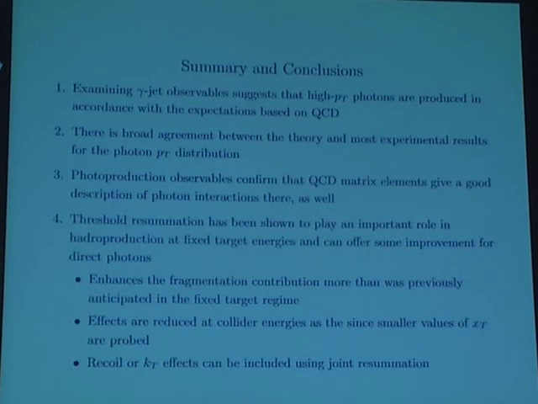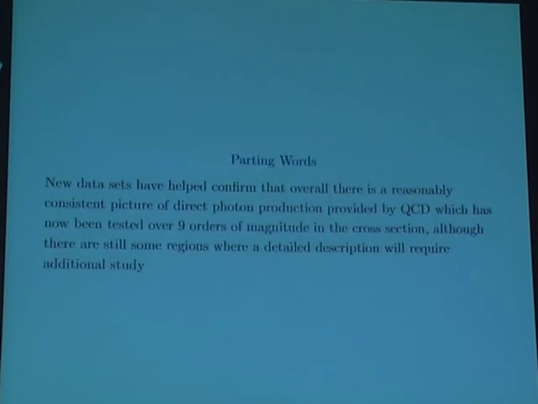There are theoretical techniques that need to be applied systematically over the full energy range. The resummation has been shown to make a difference in the fixed target regime. The recoil KT effects can be included using joint resummation. And so my parting words were, as I've shown here, we've got good agreement over 9 orders of magnitude, reasonably good agreement, although there are still some regions where detailed description requires more work.